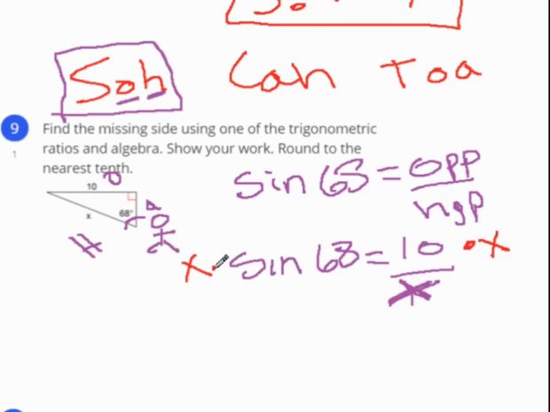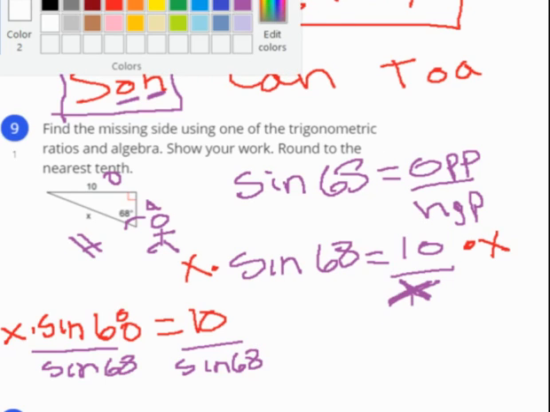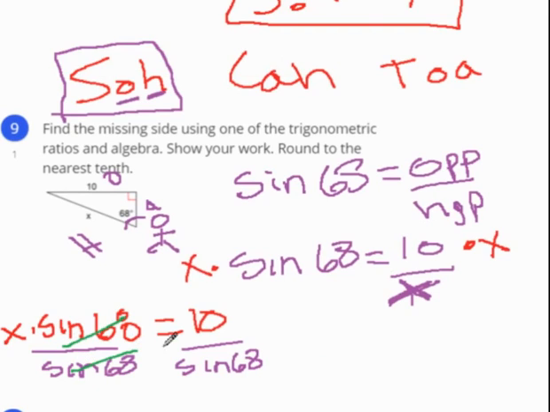My new equation is x times sine of 68 equals 10. But then you say, hey, wait a minute, x is not alone, is it? No, it isn't. So in order to get x alone, I have to divide both sides by sine of 68. Because these two cancel, x will be whatever 10 divided by sine of 68 is.